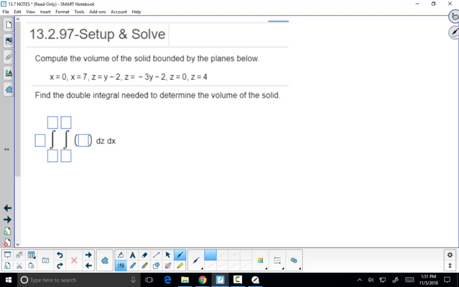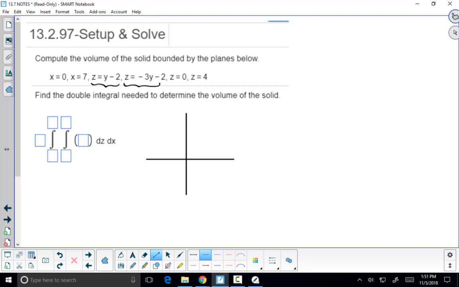First we have to get a sense of what this object looks like. The variable part is with z as functions of y, so that's where we want to focus our attention. These are two horizontal planes, z equals 0 and z equals 4, simple enough. These two are also just planes, front and back, x equals 0 and x equals 7. The part that's tilted is in the plane that has z and y in it, so let's figure out what that looks like.